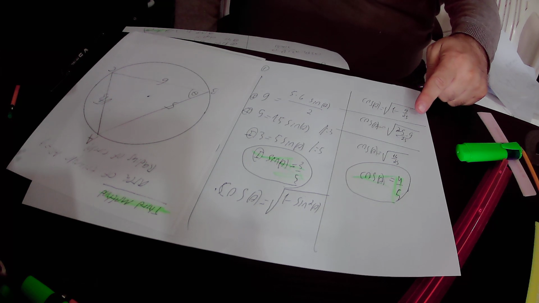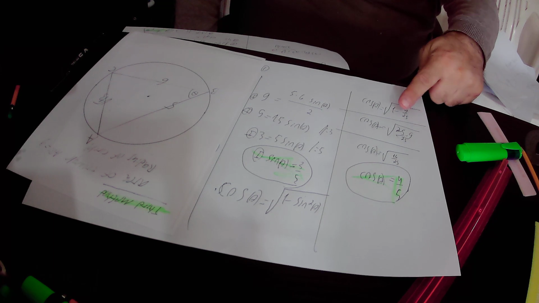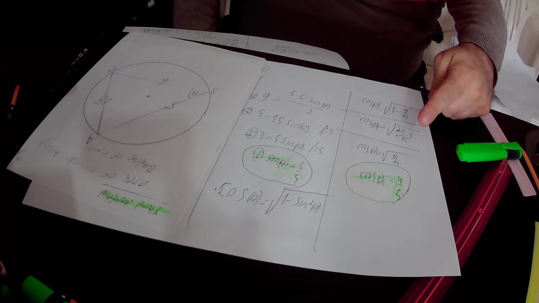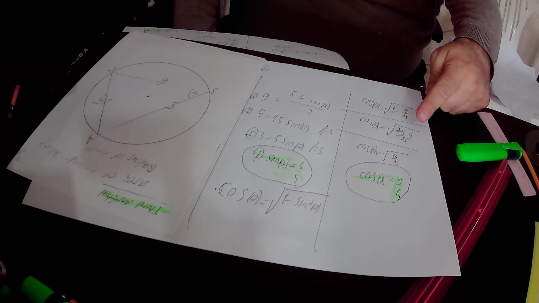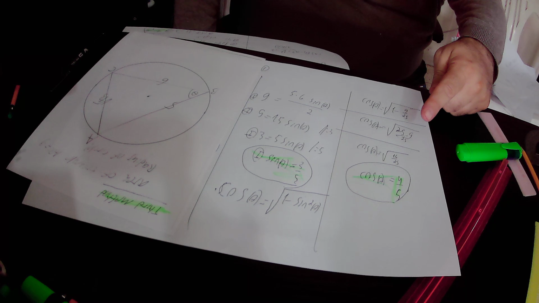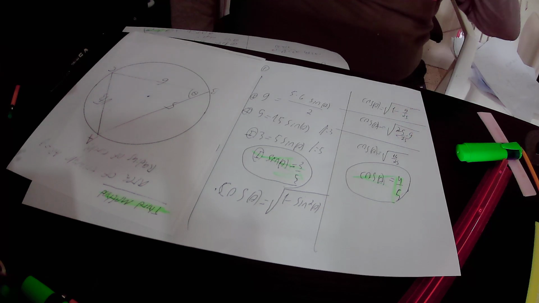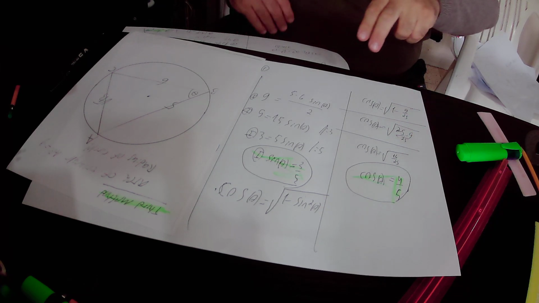We found out that the square root of 25 minus 9 over 25 equals cosine theta. 25 minus 9 is 16, so it is 16 over 25. The square root of 16 is 4, the square root of 25 is 5. So in conclusion, we found out that cosine theta equals 4/5.